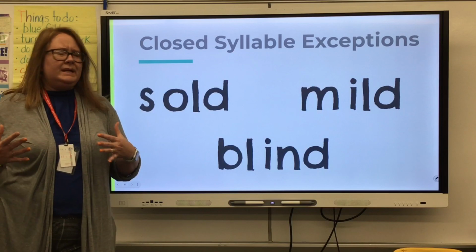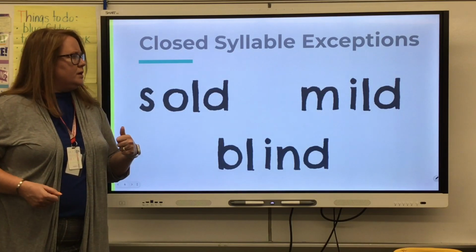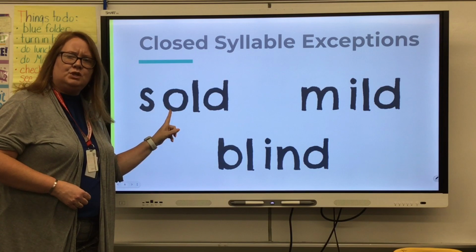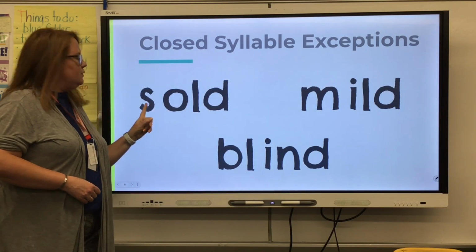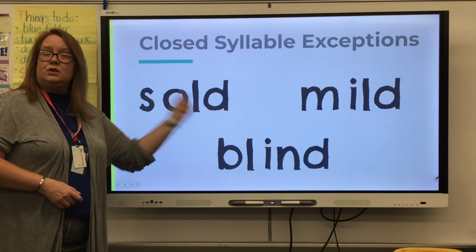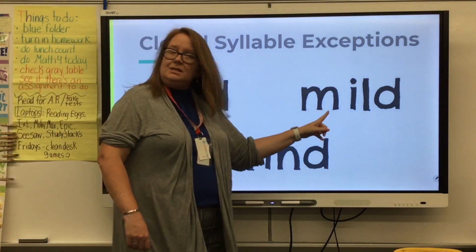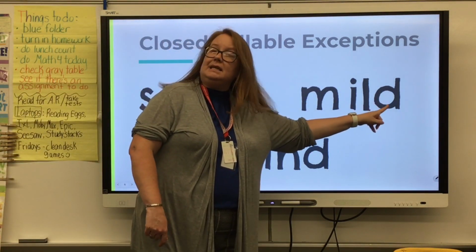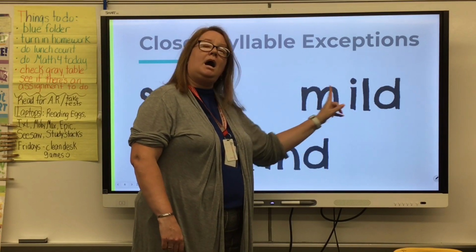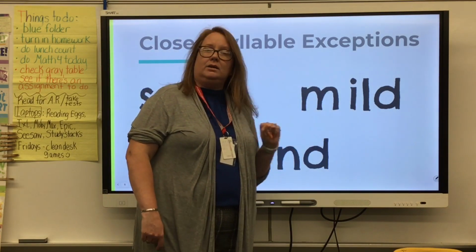So, that being said, I want you to look at these words. I see that OLD exception up here in this word. So this says old, sold. In this word, I see the ILD exception, which says ild, mild.